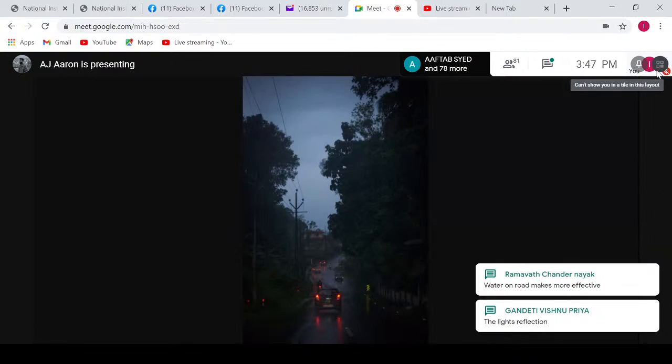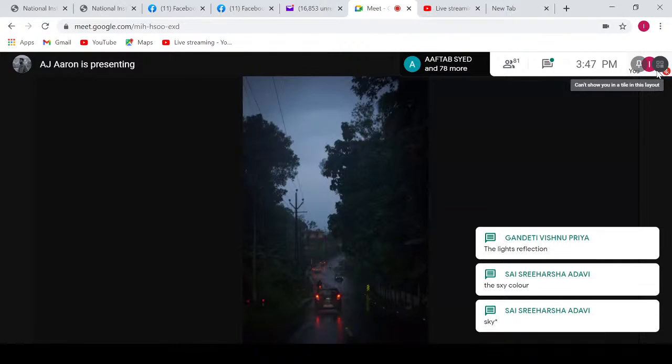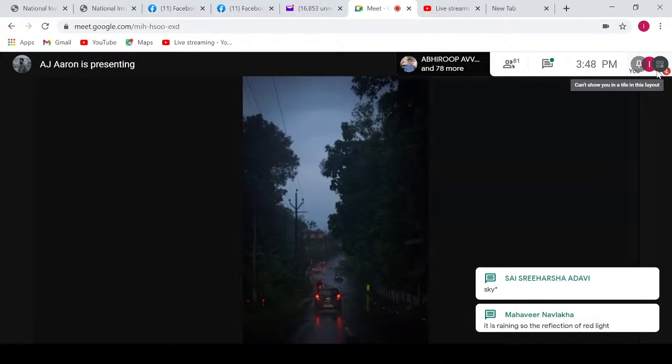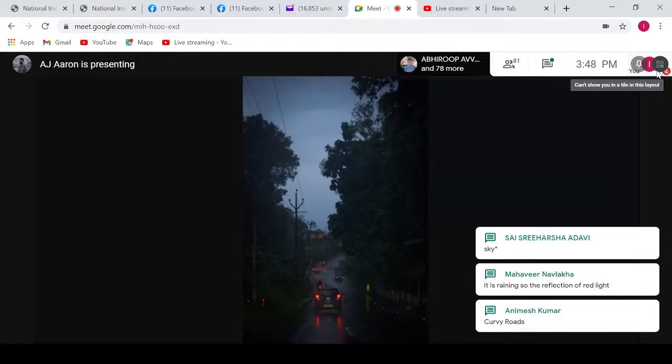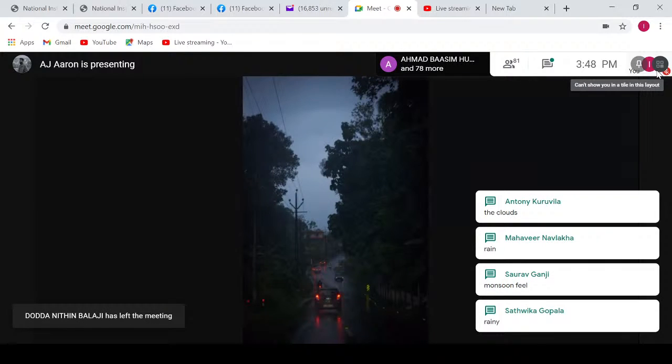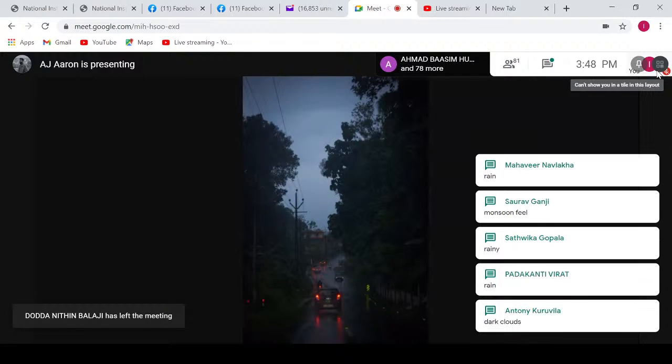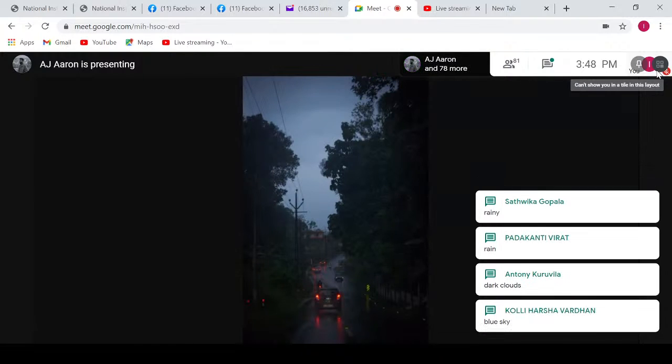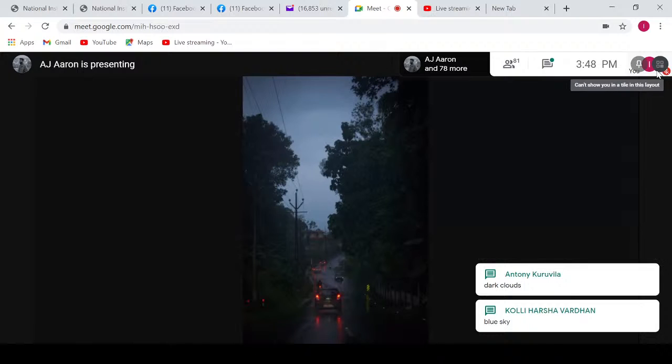What is an atmospheric element here that is adding to the image? Yeah, someone already said wet road. Yeah, correct.